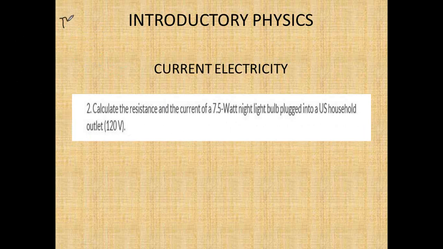Power is equal to VI, and then power is equal to I squared times R. And then power is equal to V squared divided by R. So we have resistance, we have power, and we have voltage.